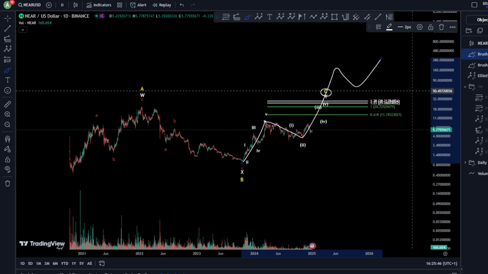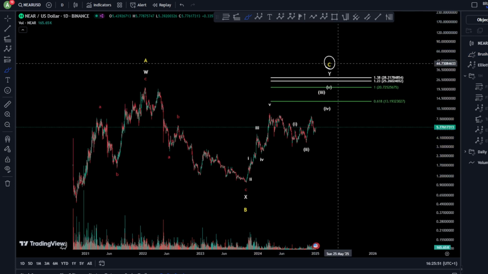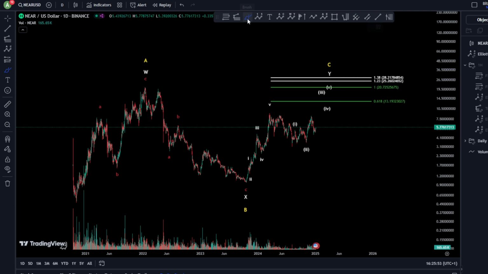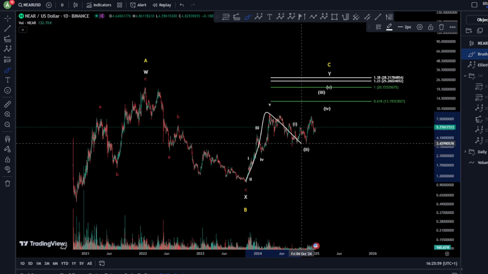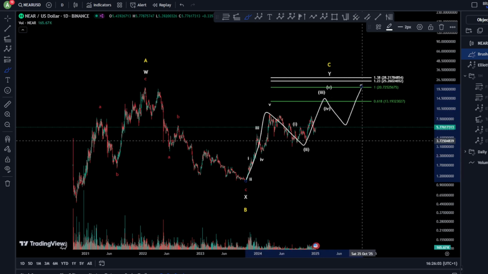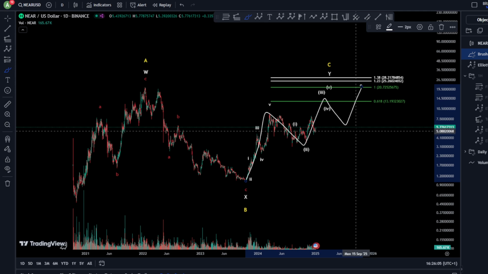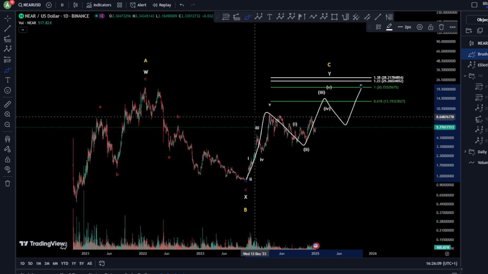If we're gonna overshoot the 1-to-1 fib level, it's gonna be a very extended wave C, which makes it a very low possibility. Therefore, you start to think in a contracting diagonal. 1, 2, 3, 4, and a 5, and voila, bingo. Hitting exactly the 1-to-1 fib level in a contracting ending diagonal.